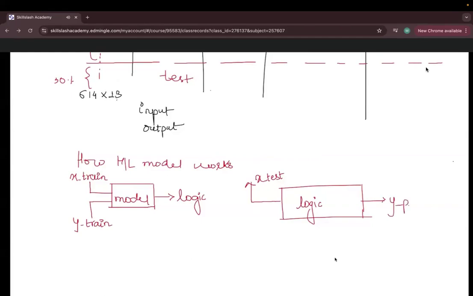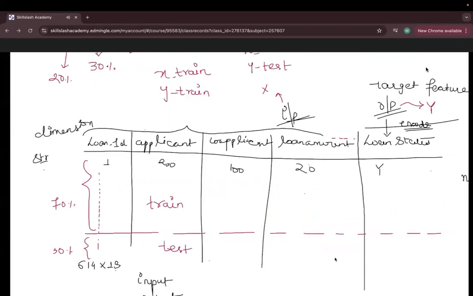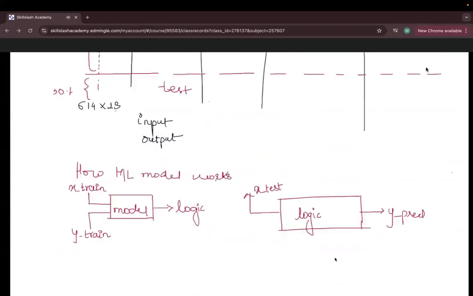If you remember, for the combination of columns of X test input, we already have Y test as the output. Here, I am giving X test into the logic which the machine learning model has created, and it is giving me the prediction. I am entering some data and asking my machine, based on what you have understood, give me the output.